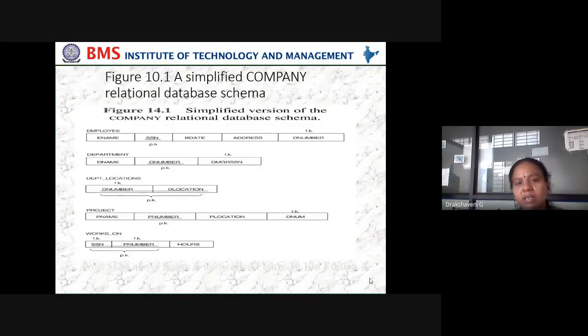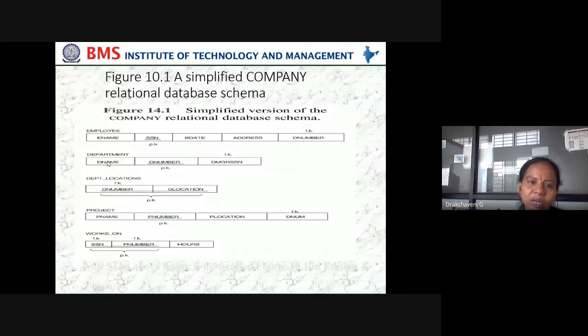Then we have seen in this example, you can see the employee table or relation: employee name, SSN, date, address, D number. In the same way, the department has department number and manager SSN. In this case, SSN is a primary key and D number is a foreign key.